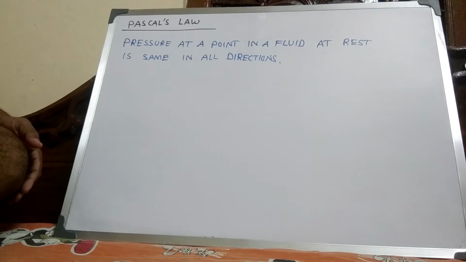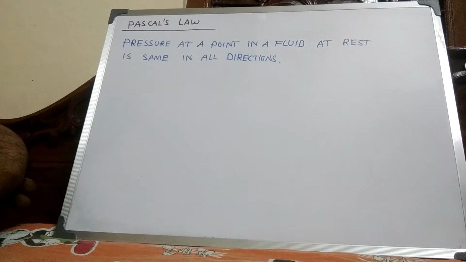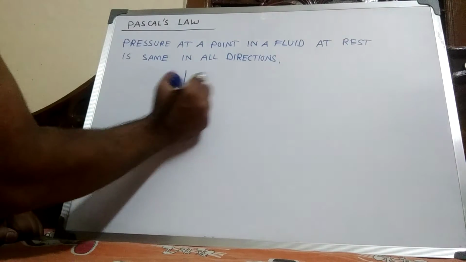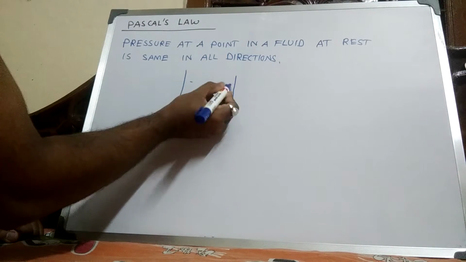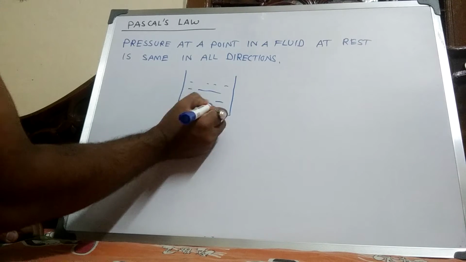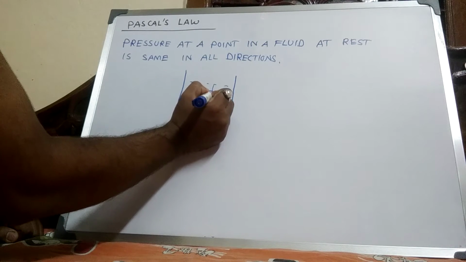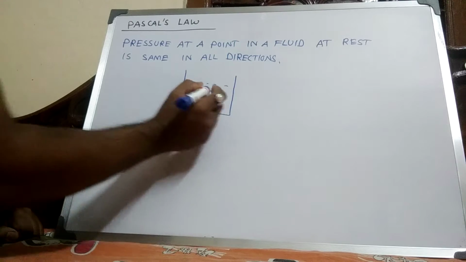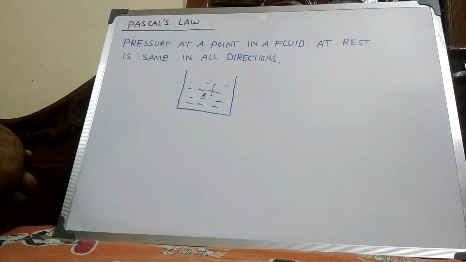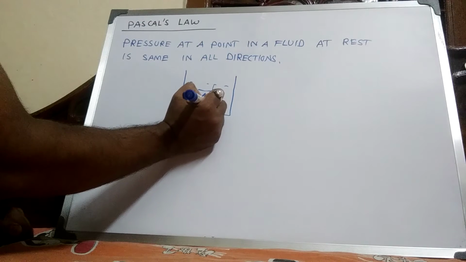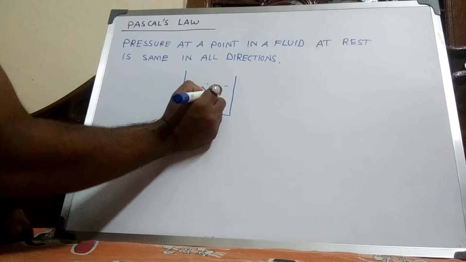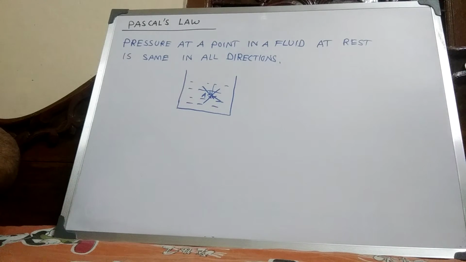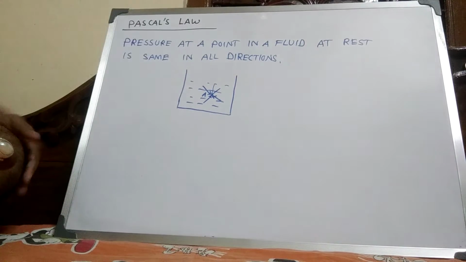Now, proof of Pascal's law. Before that, suppose this is the container and it's filled with liquid, and we take a point A. Pressure always acts normal to the plane.